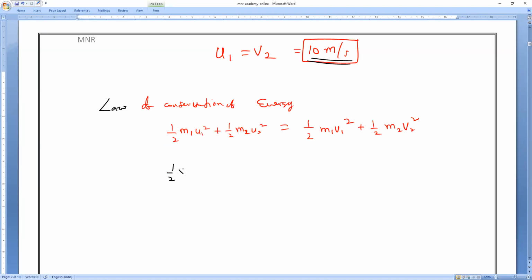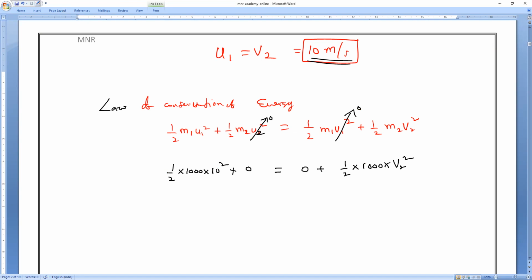Substitute the values: half into m1, 1000, into u1, 10 square, plus u2 is 0. So u2 is 0 means this whole term will become 0. In the same way v1 is 0, so that whole term will become 0. Half into m2, which is also 1000, into v2 square.